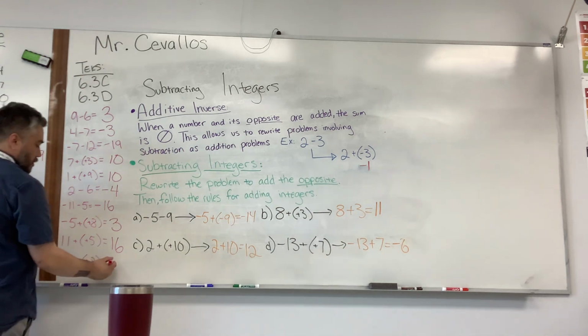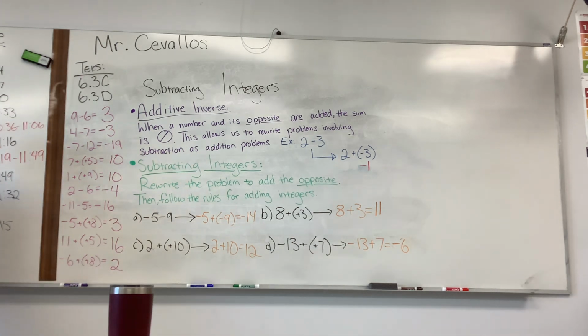You are left with $2. And that's it. That's how we subtract integers. Keep in mind that anytime you subtract a negative number like that, you can rewrite the problem and add the opposite.